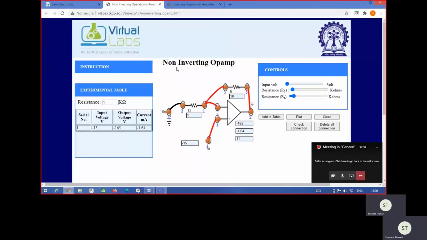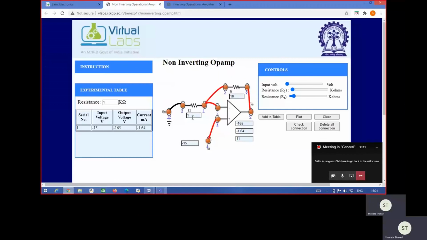And as this is the non-inverting operational amplifier, the gain is given by the formula 1 plus RF divided by R1. So RF is 10 kilo ohm, R1 is 1 kilo ohm. So RF divided by R1 is 10.